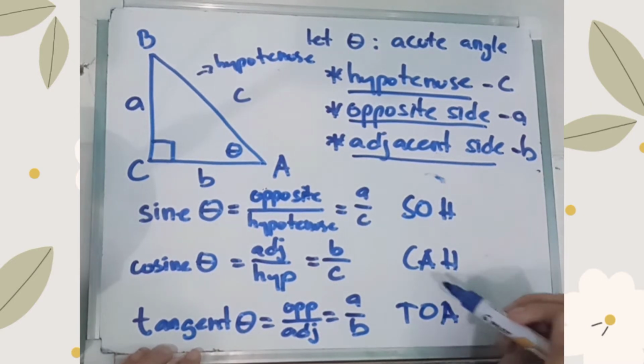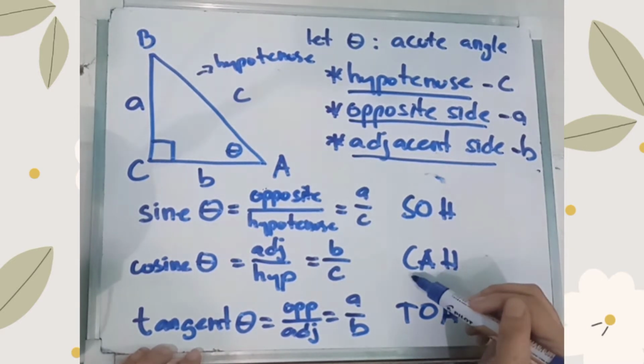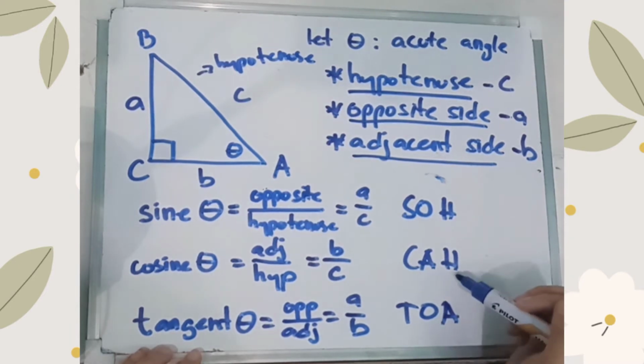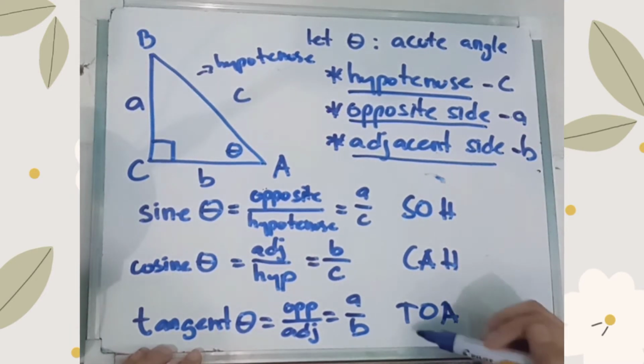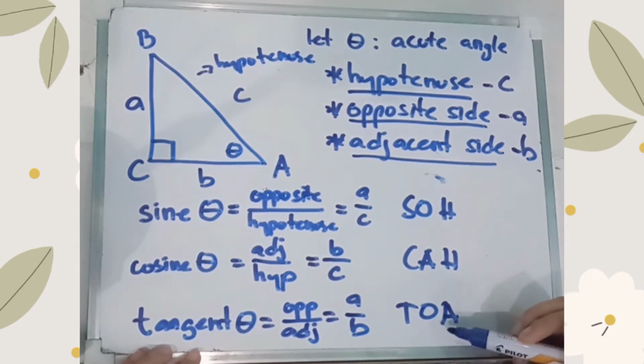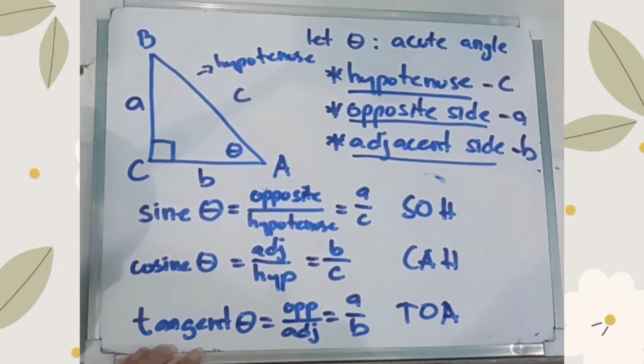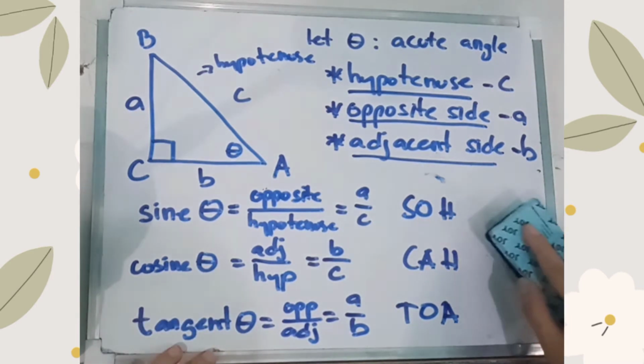CAH means cosine is equal to adjacent over hypotenuse. TOA represents tangent is equal to opposite over adjacent. This is very helpful for you to better recall the first three trigonometric ratios. So again, that's SOHCAHTOA.